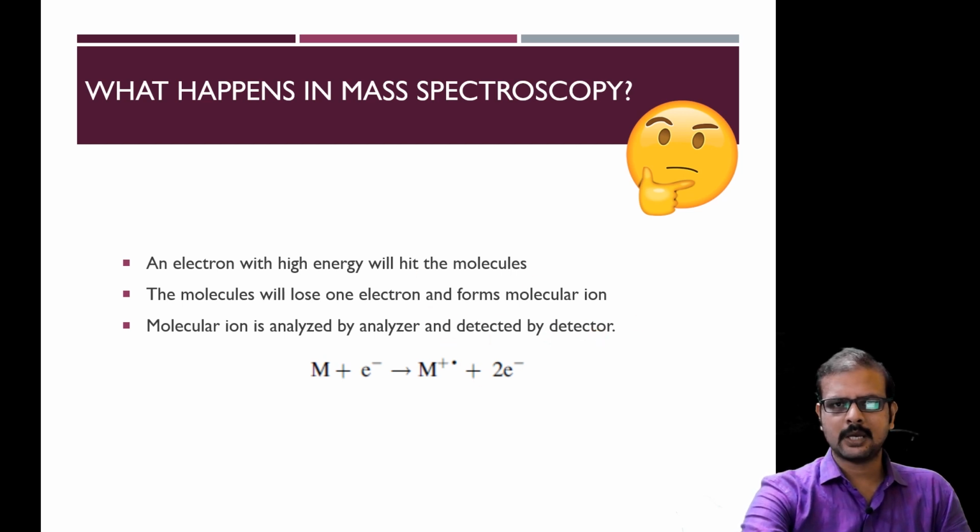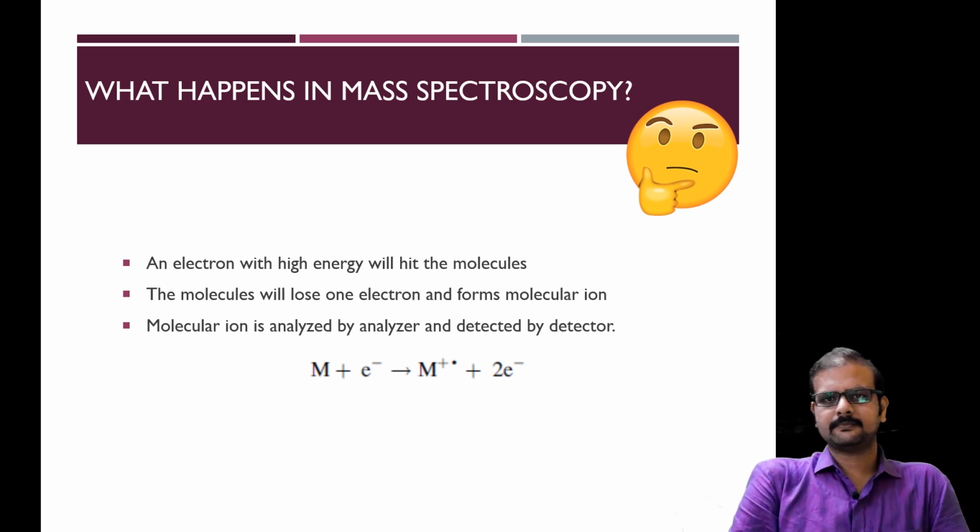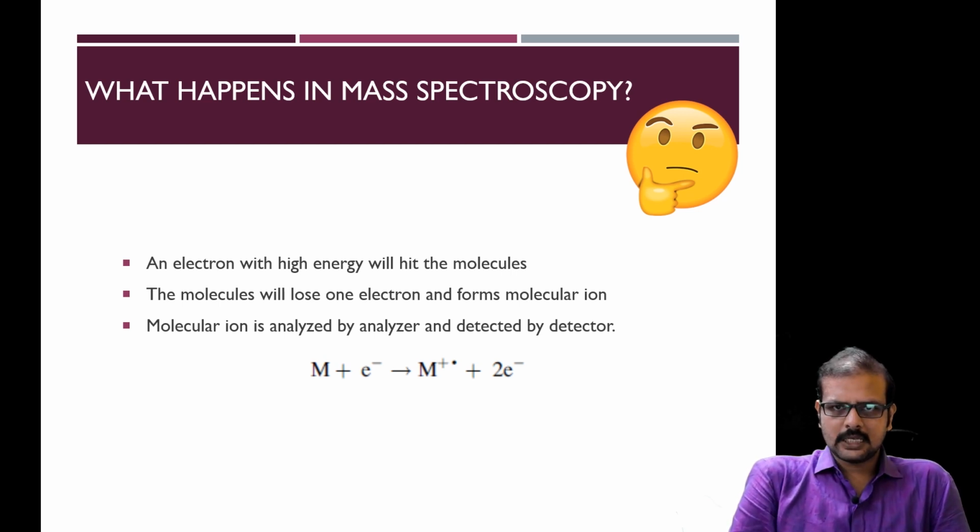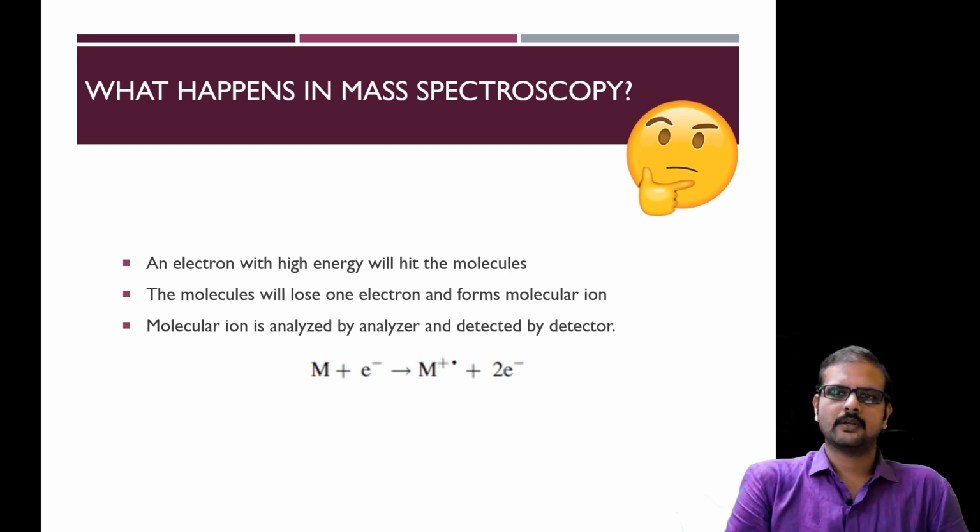This is what we do in mass spectroscopy. It looks very simple, but a very complicated procedure is involved in mass spectroscopy. So we will see the detailed instrumentation part of mass spectroscopy.